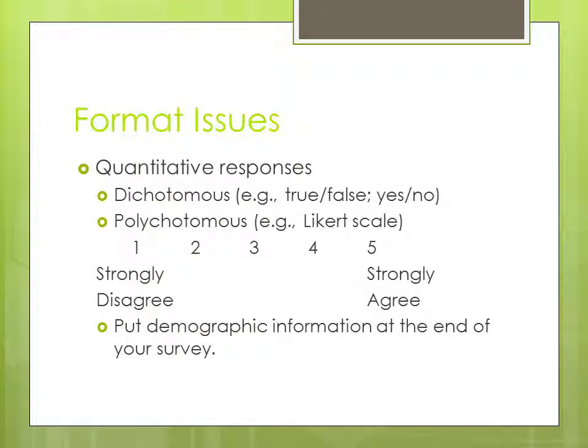And you'll notice when you get into Qualtrics that Qualtrics has a lot of different options of different types of scales that could be used for your particular survey item.